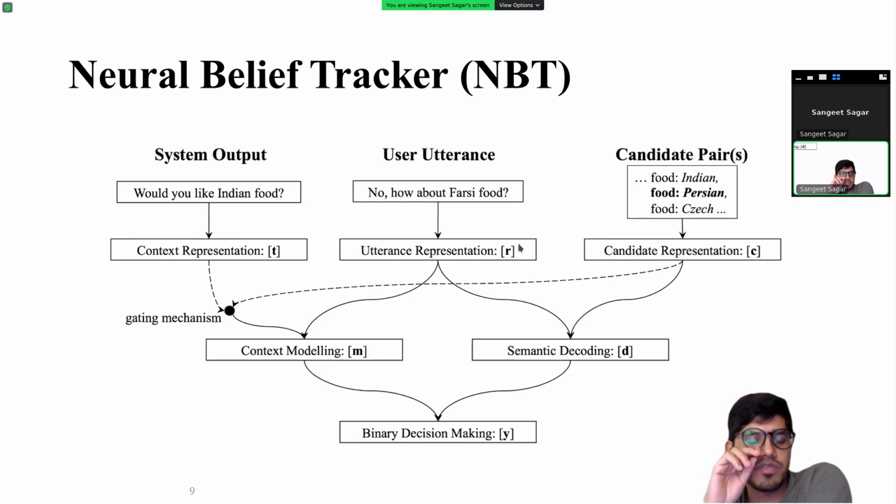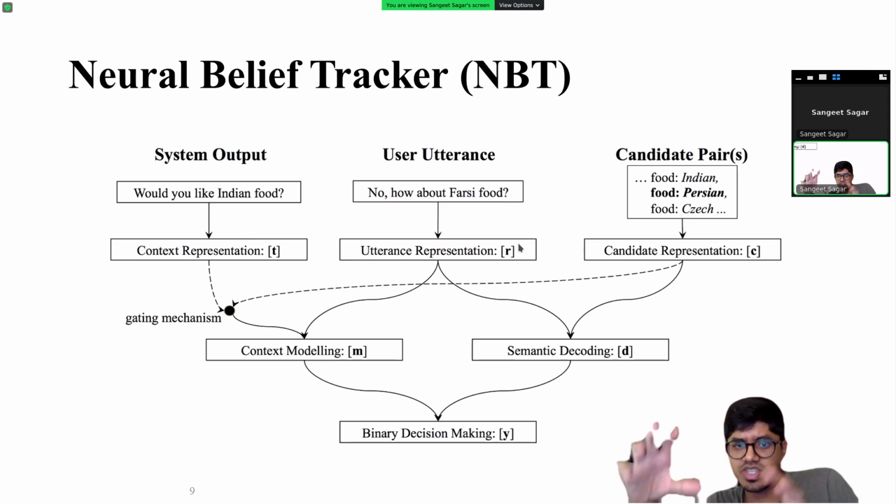Yeah, so we have these 3 components, and the learned context representation and the utterance representation are combined together to form context modeling. Further, the utterance representation and the candidate representation are interacted together to perform semantic decoding, and some interaction summary is obtained.